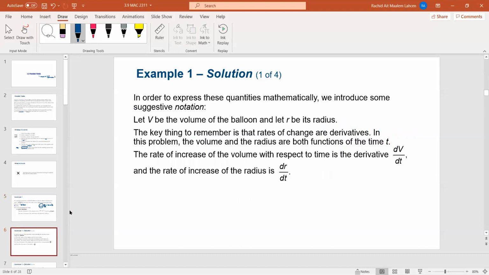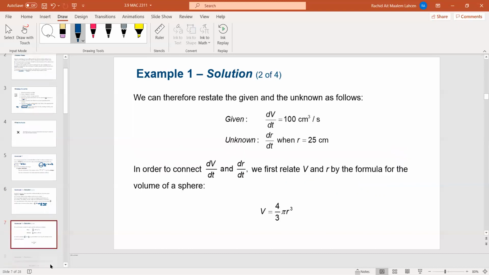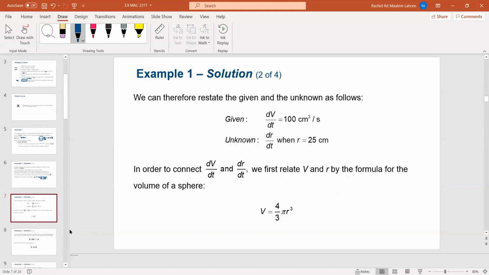In order to express these, we assign the variables: V for volume, r for radius, and we now need to connect the two. The rate of change of the volume is dV/dt, and the rate of change of the radius is going to be dr/dt.